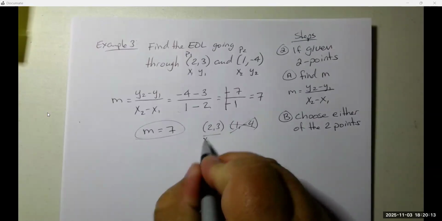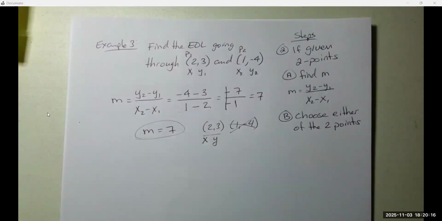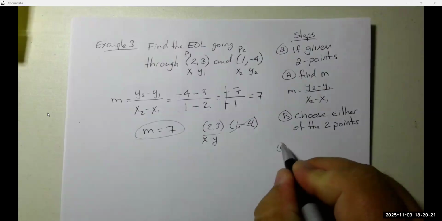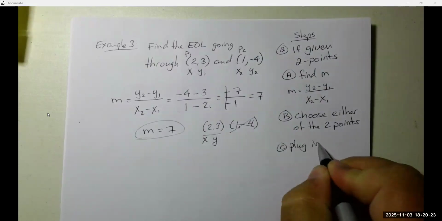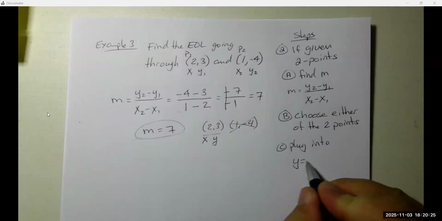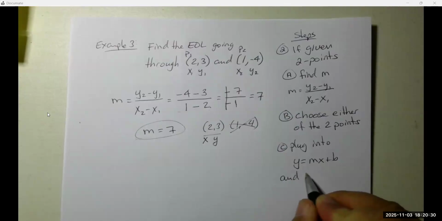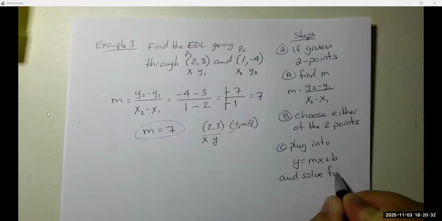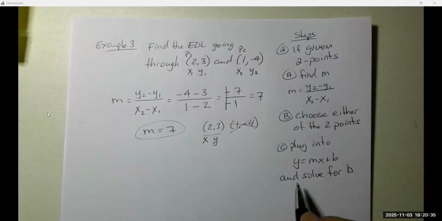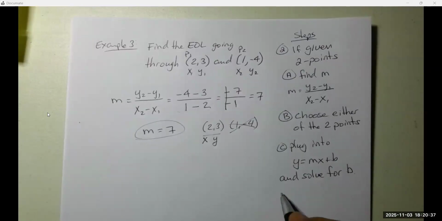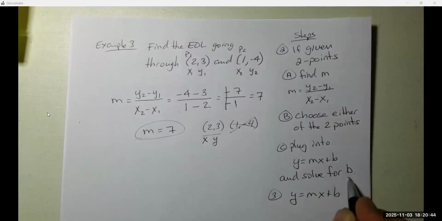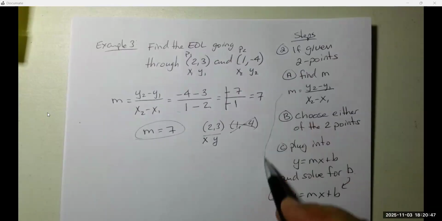This is my X, and that's my Y. Plug them into the equation and solve for B, and you're done. There's your value B. The slope is from up here.